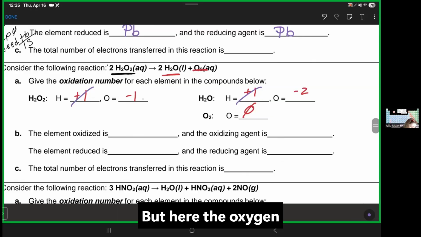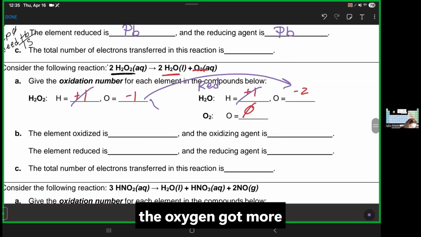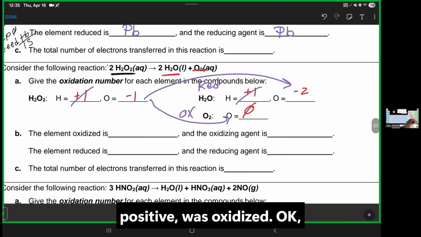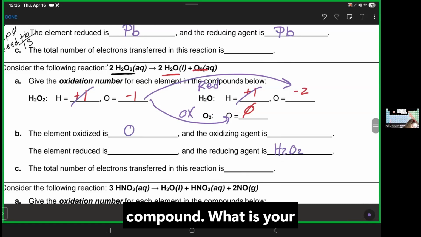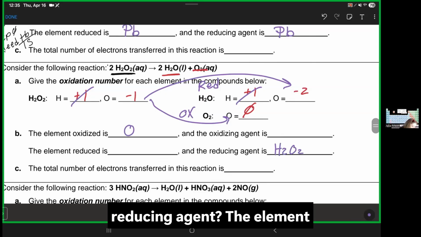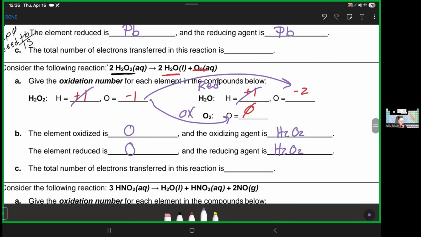But here, the oxygen got more negative. It was reduced. Here, the oxygen got more positive, was oxidized. So the element that was oxidized was your oxygen, and the whole compound is your reducing agent. The element that was reduced was also oxygen, and the agent was H2O2.